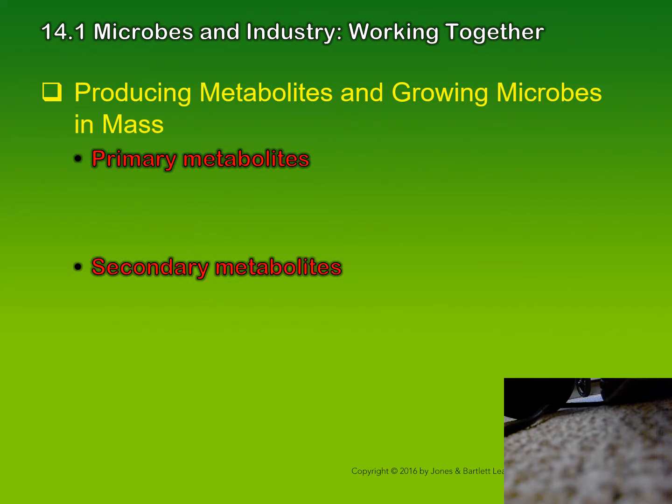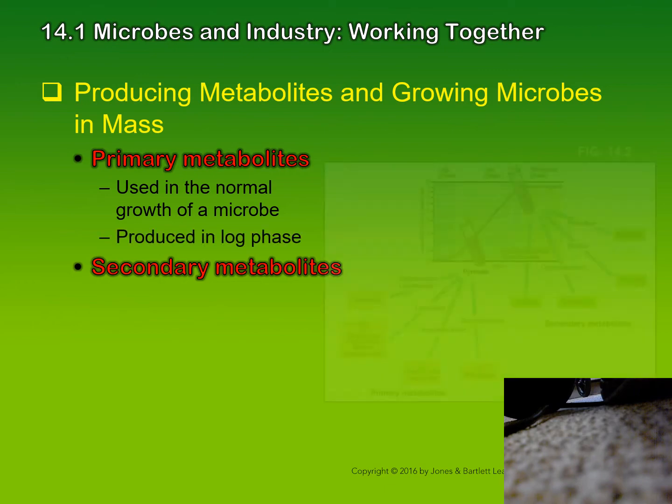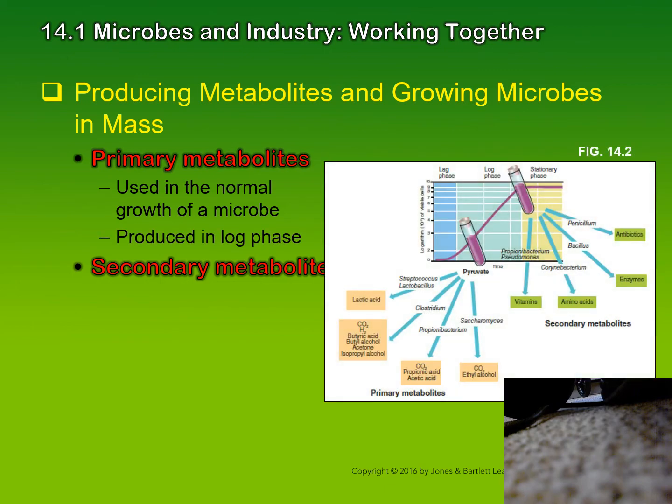Okay. Primary and secondary metabolites. A primary metabolite is something that is normal to the growth of the microbe, and it's just used in a normal growth mode. Primary metabolites are generally produced in log phase.